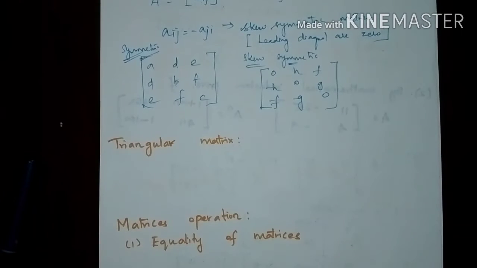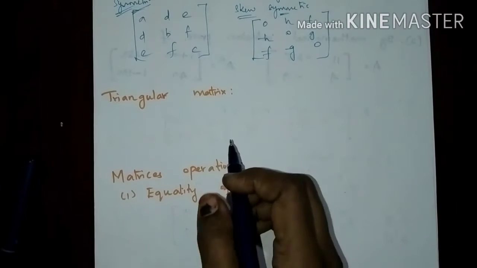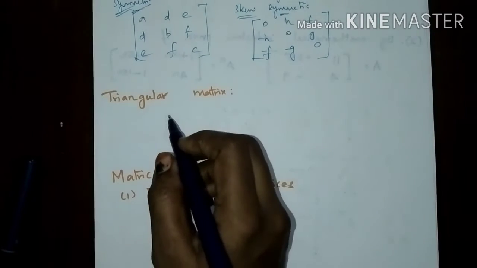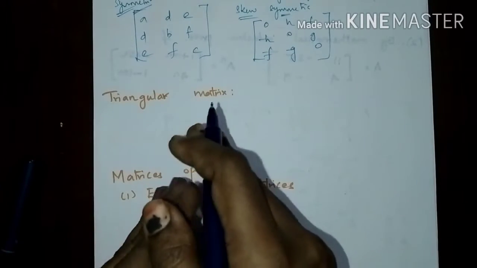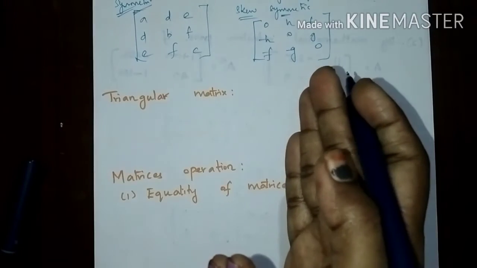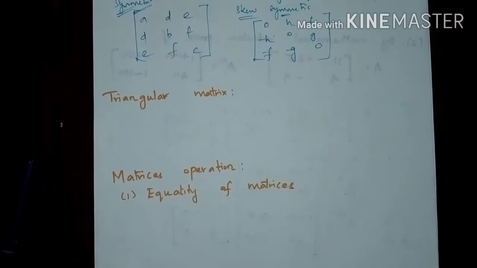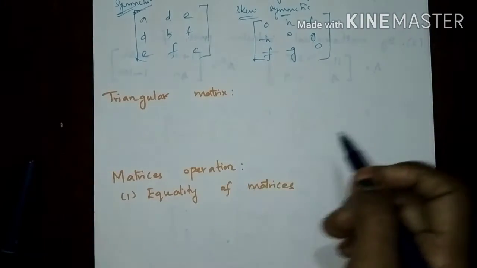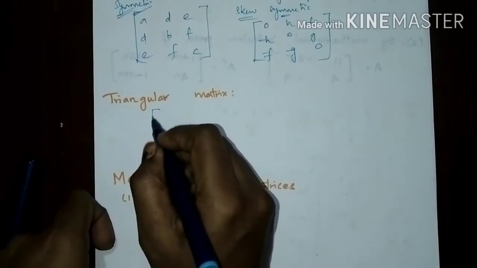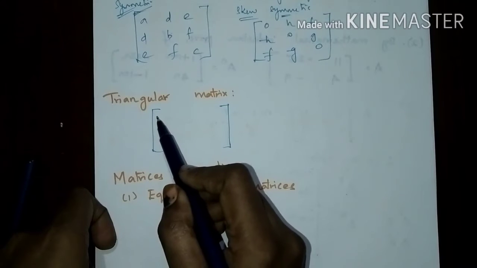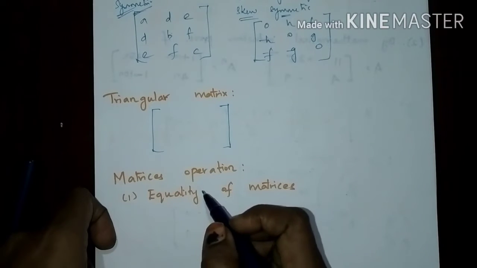Got it? Now let us move on to the triangular matrix. A square matrix is said to be a triangular matrix if it has values only above the leading diagonal elements or below the leading diagonal elements. Triangular matrices are of two types, upper triangular and lower triangular. For upper triangular, the elements below the leading diagonal would be 0.